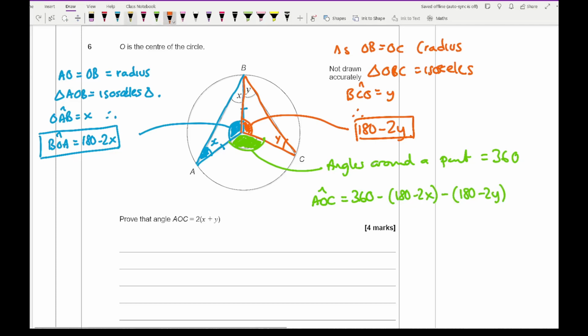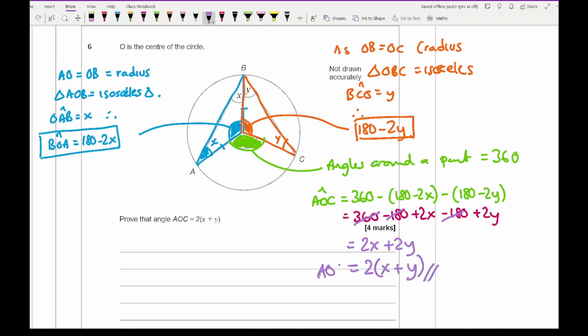Then if I expand the brackets, I wind up with 360 minus 180 plus 2x minus 180 plus 2y, and simplifying all of that, the 360 cancels with the subtraction of the two lots of 180, so that then becomes 2x plus 2y, which if I then factorize that gives me 2 lots of x plus y, which is exactly what they wanted me to prove.